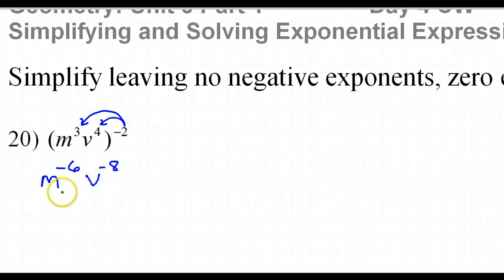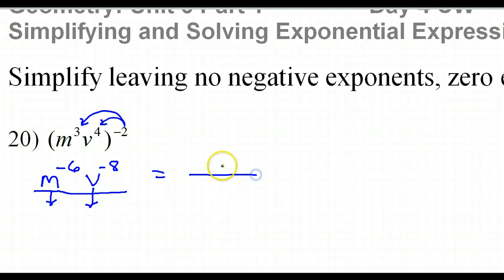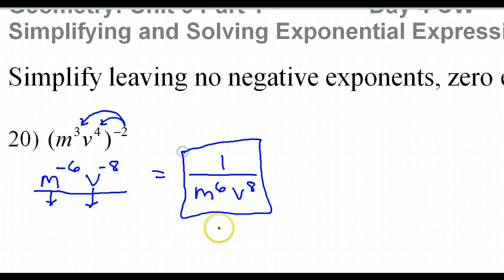Now, since both of these exponents are negative, I'm going to wind up dropping these variables down to the other side of the invisible fraction line. So this is going to become 1 over m to the 6th power, v to the 8th power. So that's the answer to number 20.